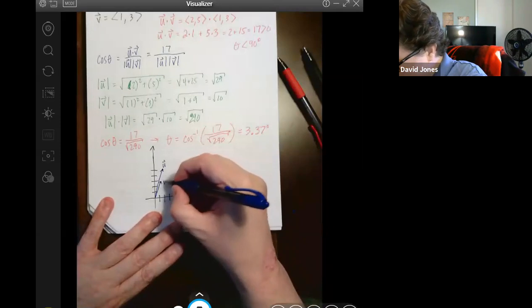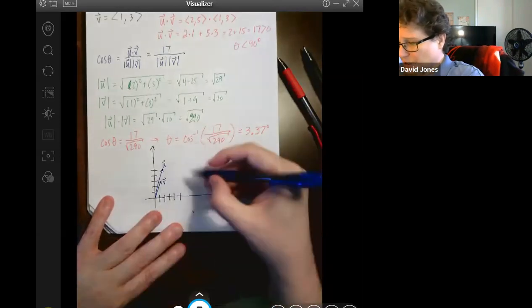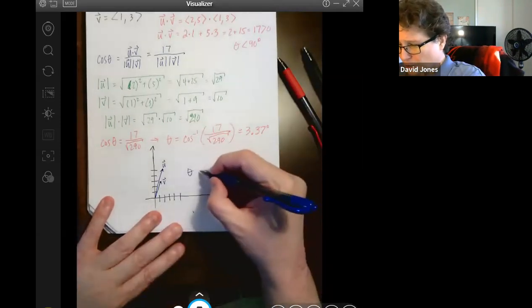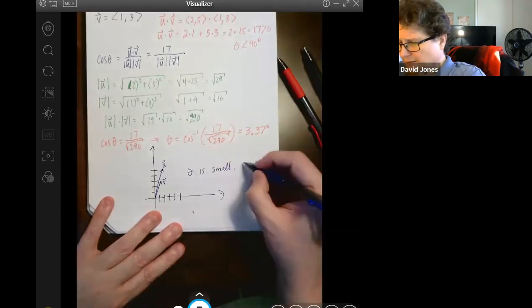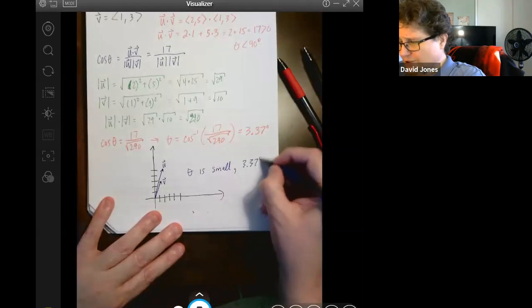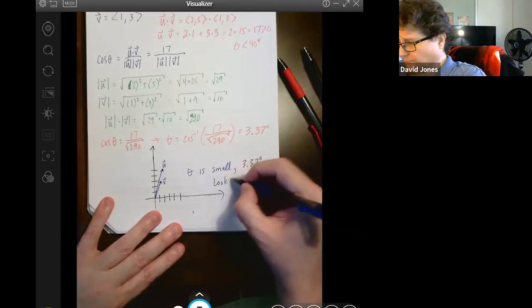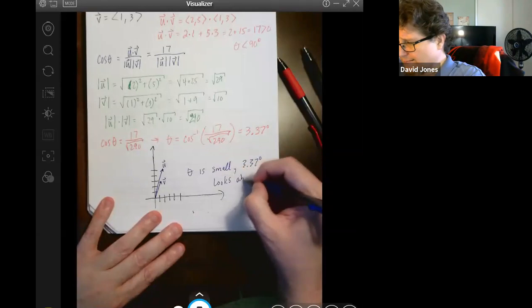That's vector v. Yeah, the angle between them is small, right? 3.37 degrees looks about right.